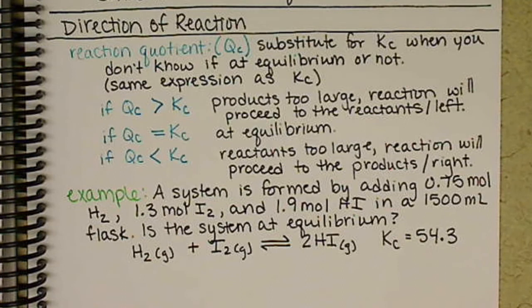Ask yourself one question: are reactants, products, or neither favored in this reaction? Our Kc value here is greater than 1, which means that our equilibrium is going to favor our products. But the question is, are we favoring the products enough with the concentrations we've been given? We've been given moles, but we can convert them into concentrations.